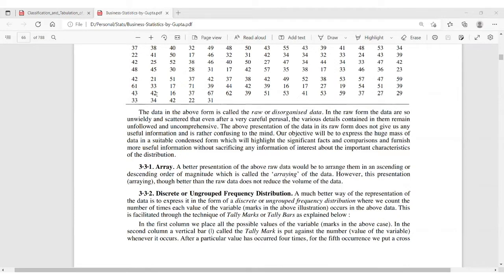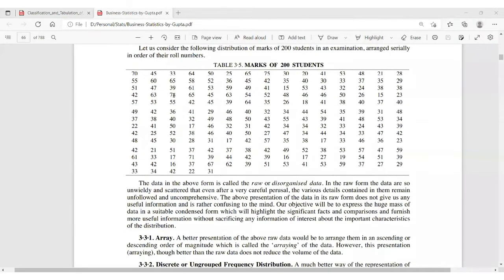When you first look at this data, you just see only numbers: number 1 got this, 2 got this. You cannot interpret detailed information from that. No meaningful information.